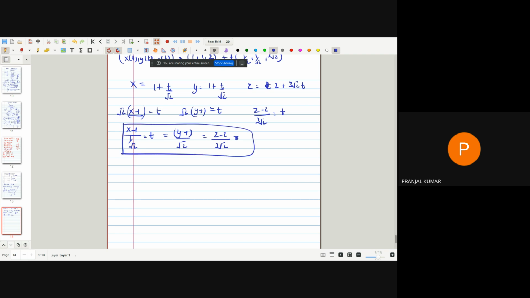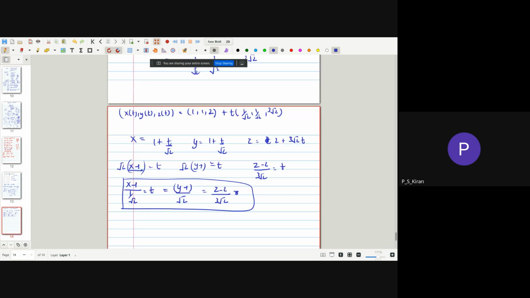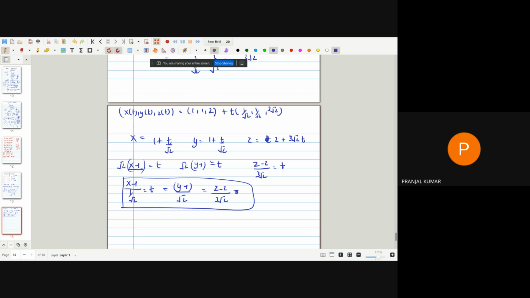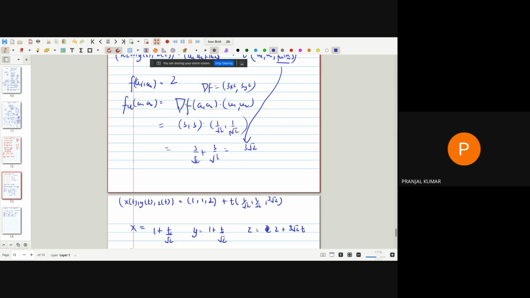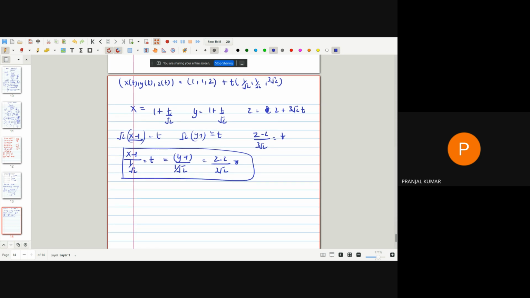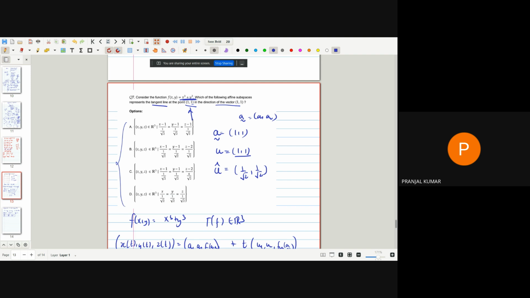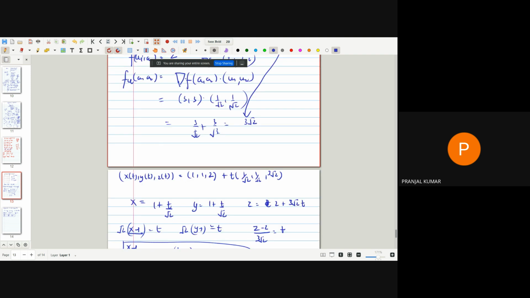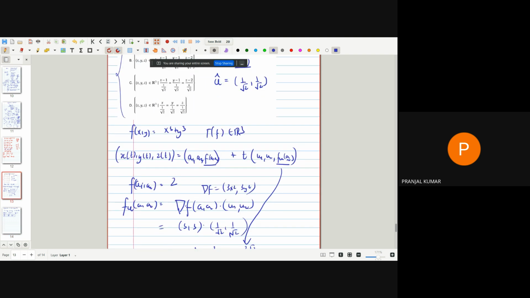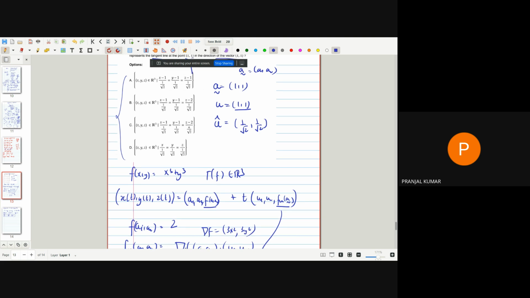So just match it. It's 1 by root 2. Sorry. So x minus 1 by square root of 2, then you have y minus 1 by square root of 2, and z minus 2.